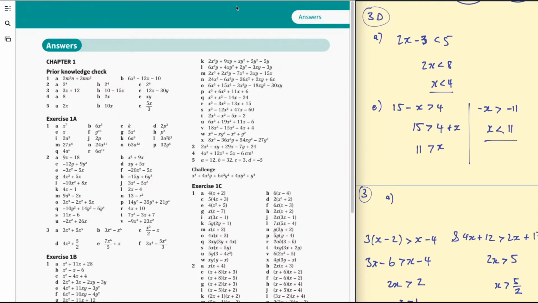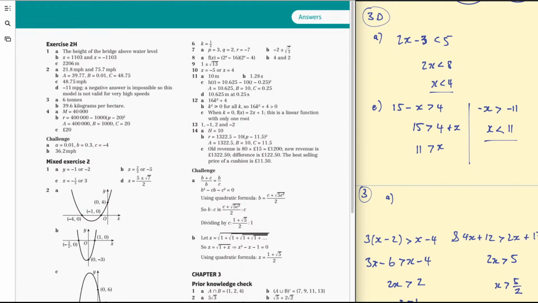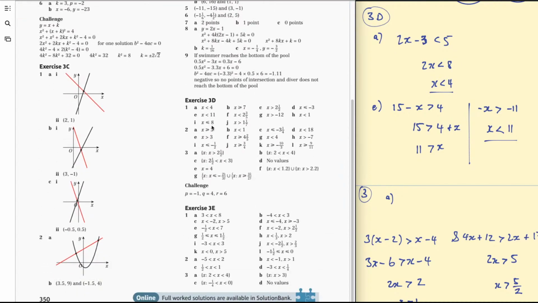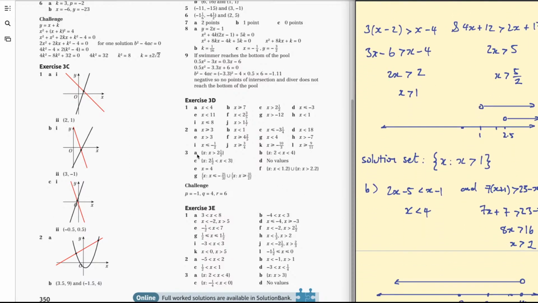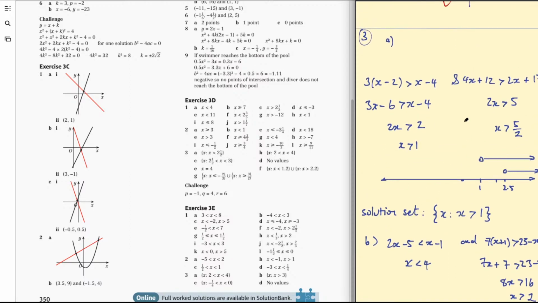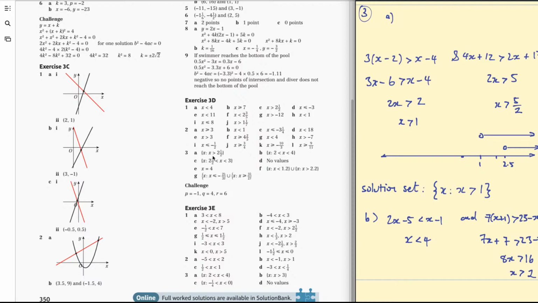Okie dokie. We're on to 3D. X less than 4, x less than 11. Oh dear.